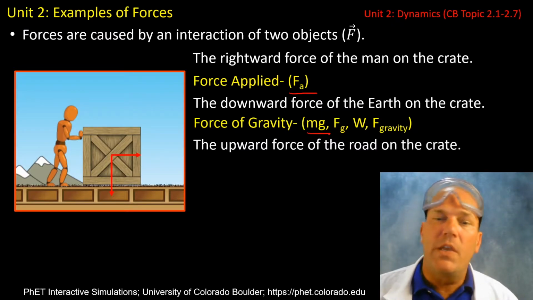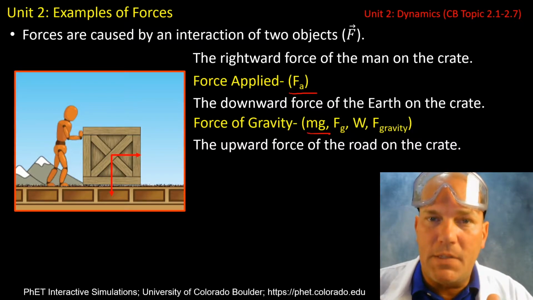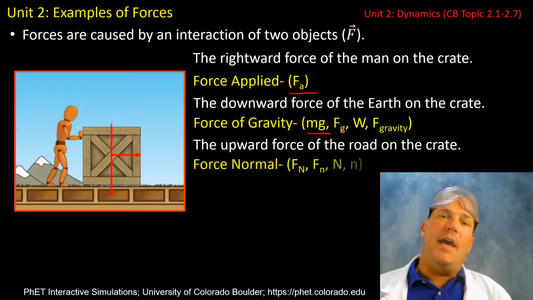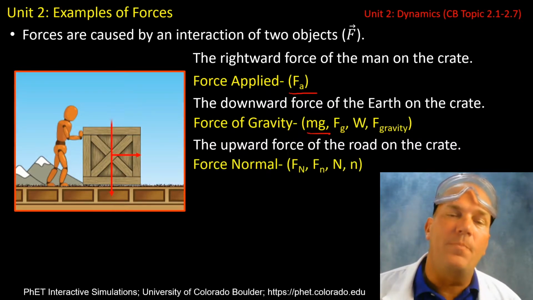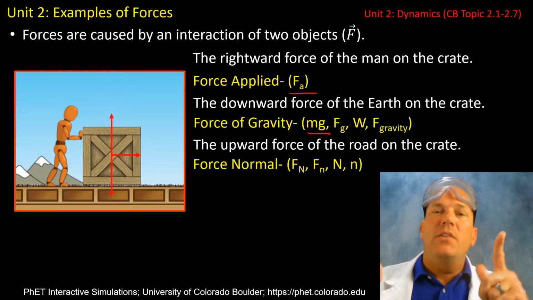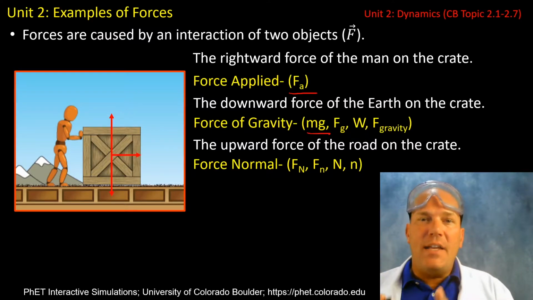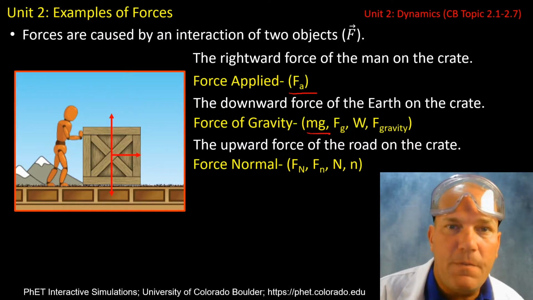The third force is the upward force of the load on the crate. That is known as force normal. Normal means perpendicular. So it is a perpendicular force exerted on an object by a surface.